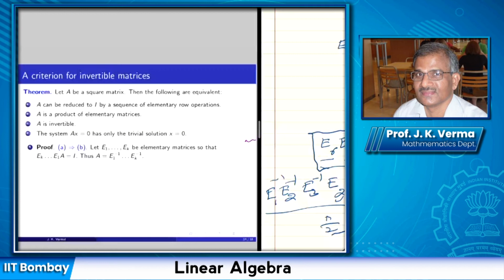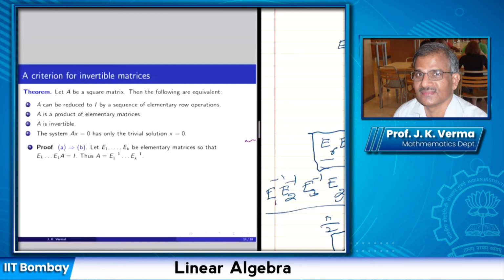That if the elementary row operations which are used to get the identity matrix from A, then A becomes a product of inverses of the elementary matrices of the same type. So in this Gauss elimination method, to get the row canonical form of A, if A is invertible, then the identity matrix is the row canonical form.